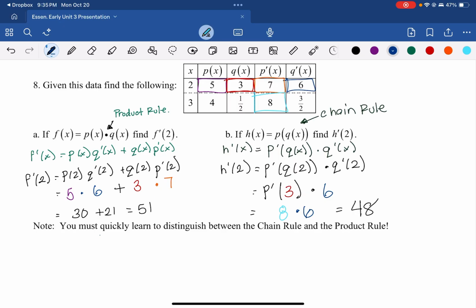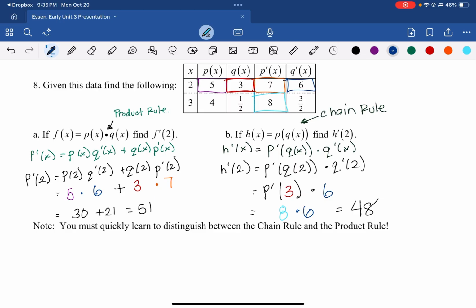Notice it says, you must quickly learn to distinguish between the chain rule and the product rule. Okay, so looking at pieces and determining which option we are going to use. A lot of times with chain rule, we're looking for radicals, so square roots, cube roots, those kind of things. We're also looking for powers, and we're also looking for trig functions, right?